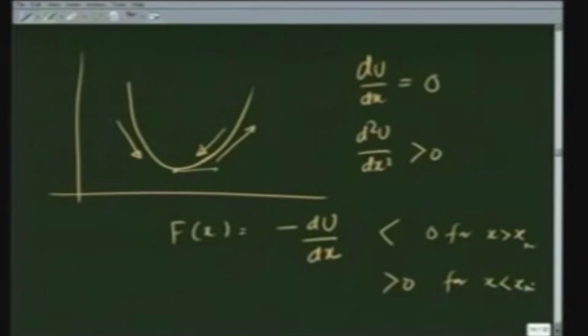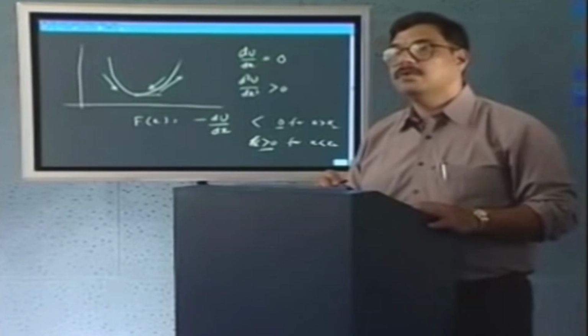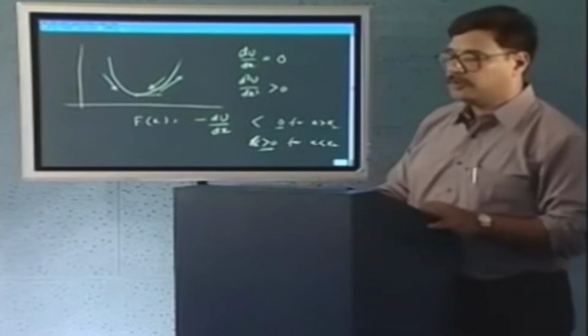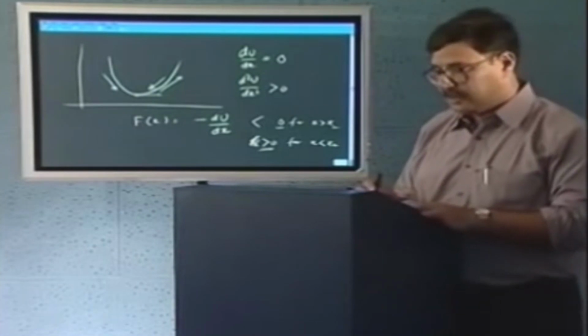So you see the force points in the positive direction if you go to the left of the minimum, and in the negative direction if you go to the right of the minimum. Therefore the force always points towards a minimum.